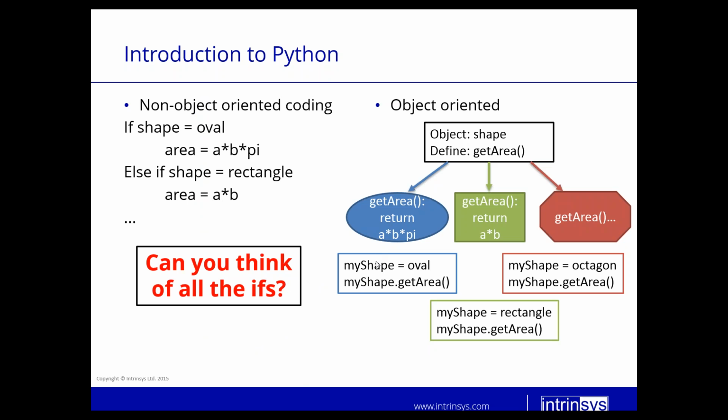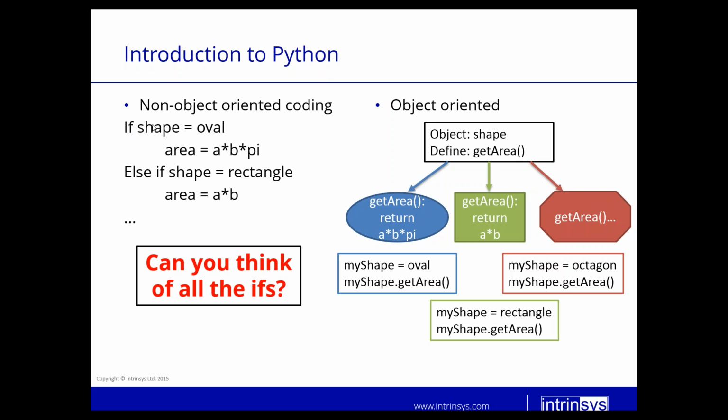So these are the basic data types, and then I suppose the next bit to understand is what do we mean by object-oriented. So, for example, in a non-object-oriented code, if we want to deal with different shapes, we'd have to have a large if.